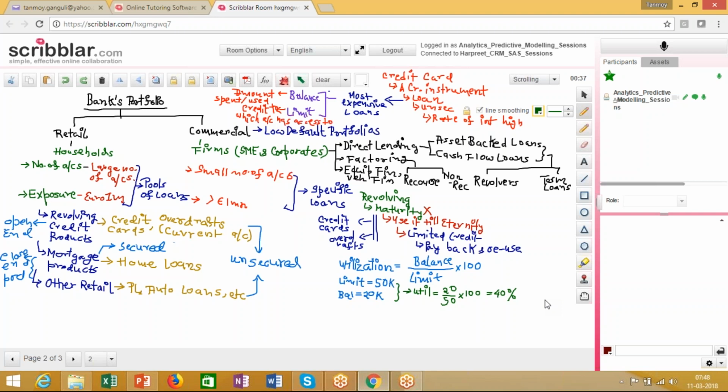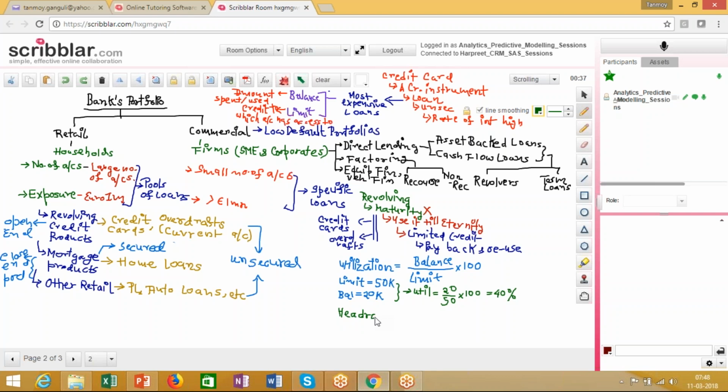Now another important characteristic can be defined from this utilization, which is called headroom. So what is headroom? Headroom is the balance which the borrower can now use.